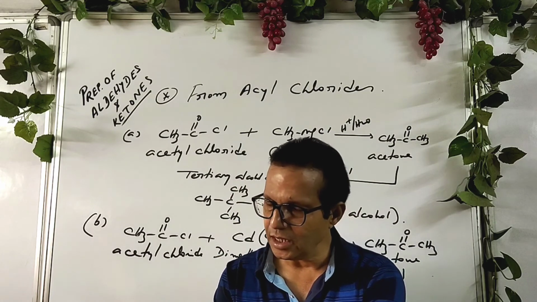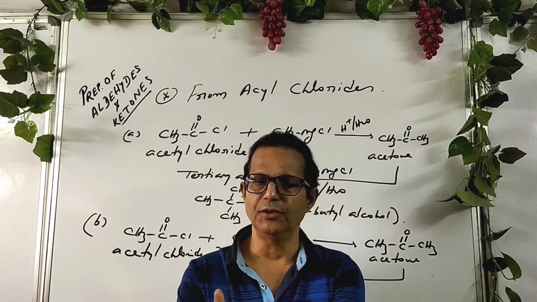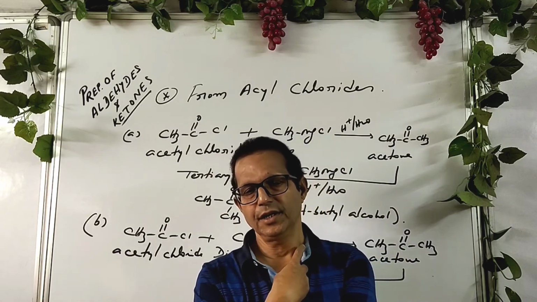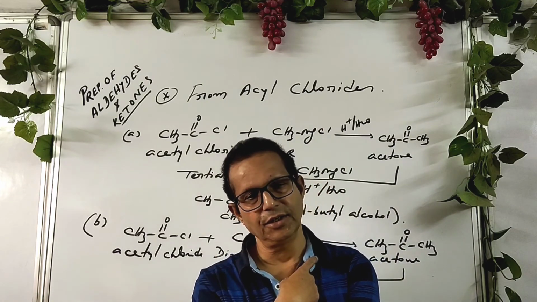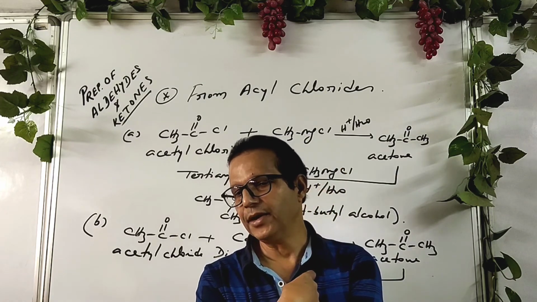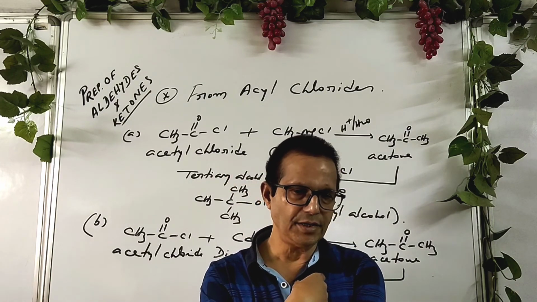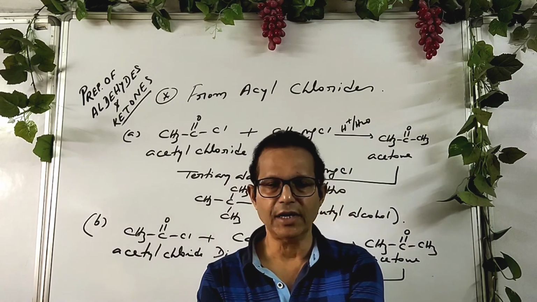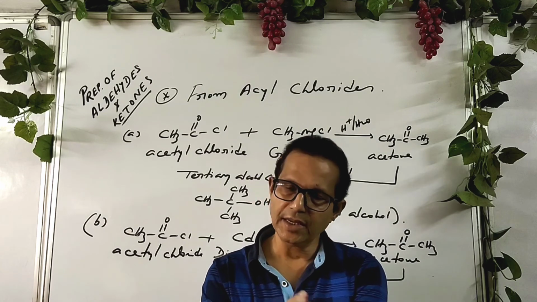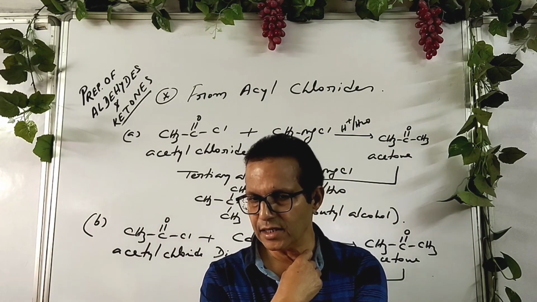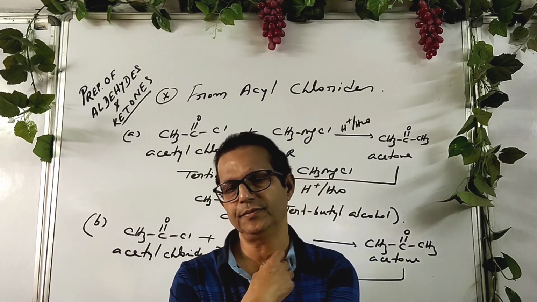Introduction of acyl group, that is CH3CO, it is also called methyl ketone group, on benzene is called Friedel-Crafts acylation. And here we use Friedel-Crafts acylation reaction. Remember it, whether it is Friedel-Crafts alkylation or Friedel-Crafts acylation, in every case the catalyst is anhydrous aluminum trichloride.